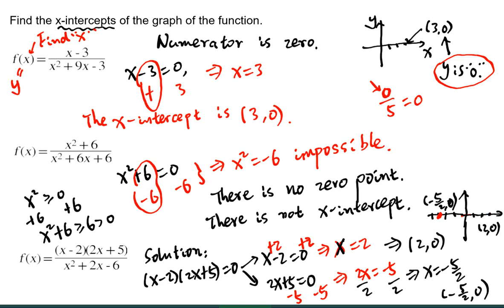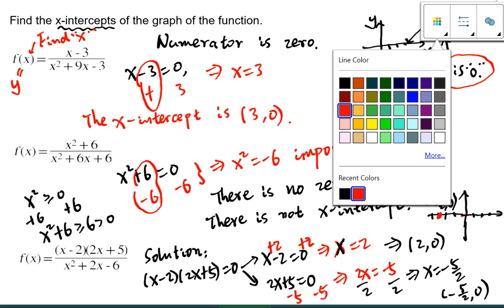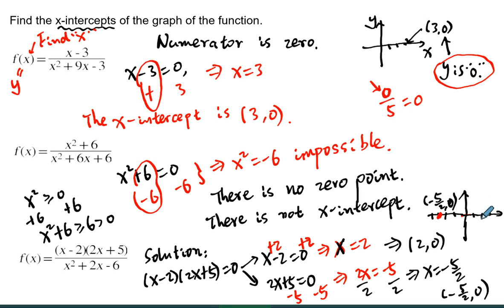And here we need 2. So let me write here 2. 2, 0 here.